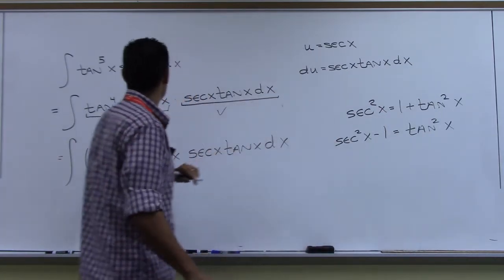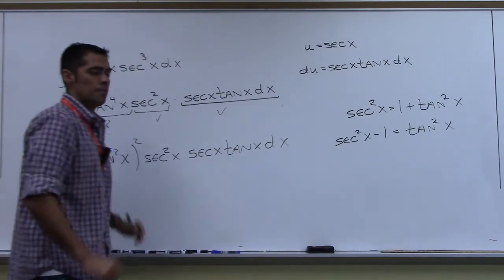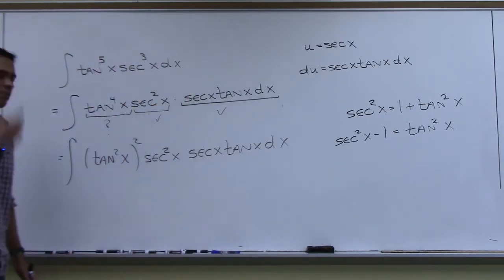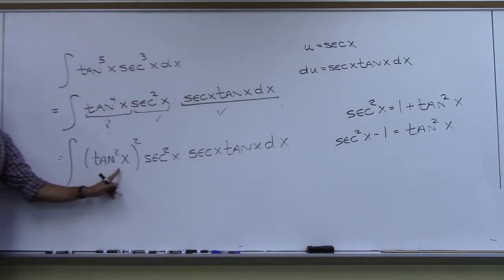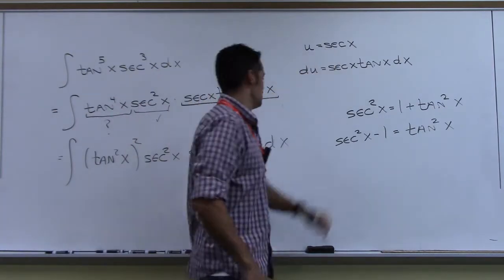Nope, just secant. We're pulling a single secant. Well, now you can put secant squared x minus 1 into it. Yes, that's right. We want tangent squared x to be secant squared x minus 1. And if you do that, then everything is in terms of u, isn't it? Because u is secant.